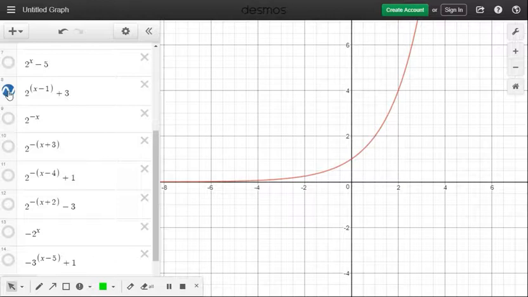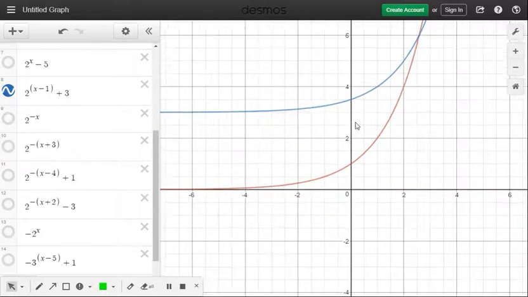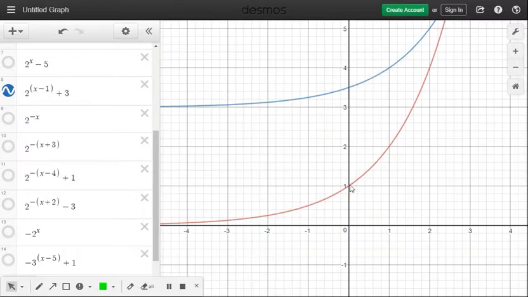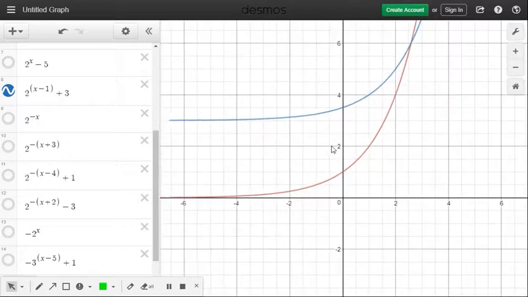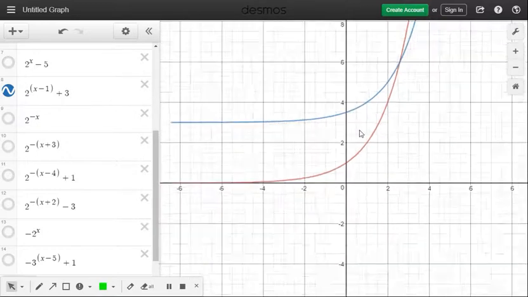So let's take a look. We do see that the graph did move up, and we were taking a look at the numbers. It went up 3 units, and it also shifted 1 unit to the right.